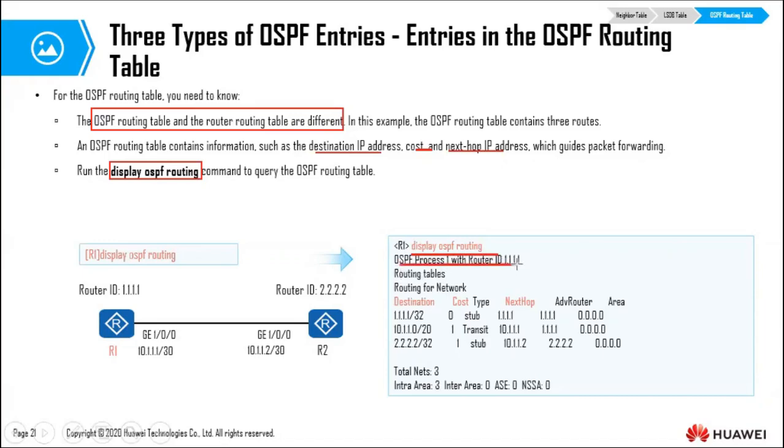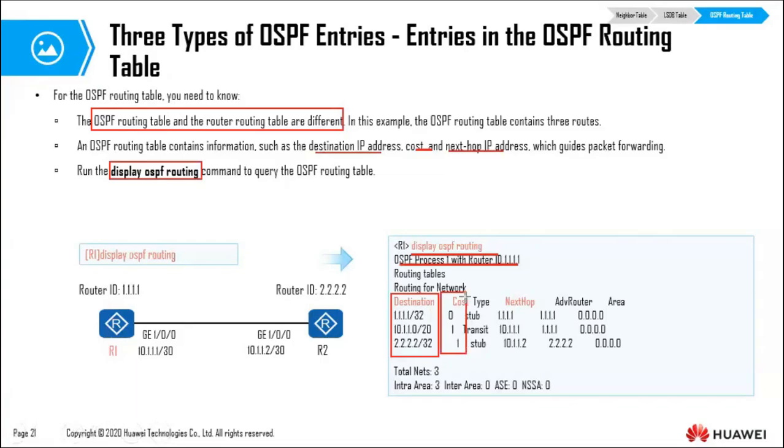you can see it is on OSPF process 1 with router ID 1.1.1.1. And you can see that the OSPF routing table has the destination column, which gives the network address and the mask. It also has the cost, right?